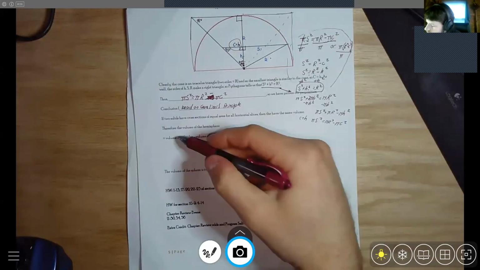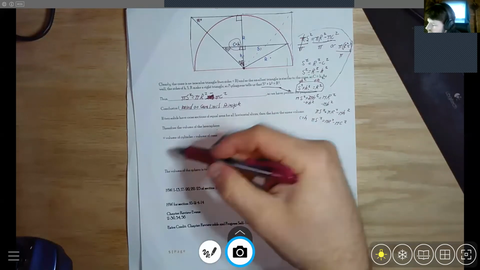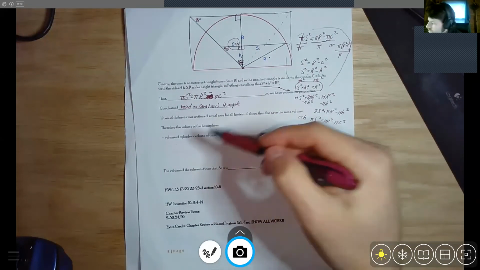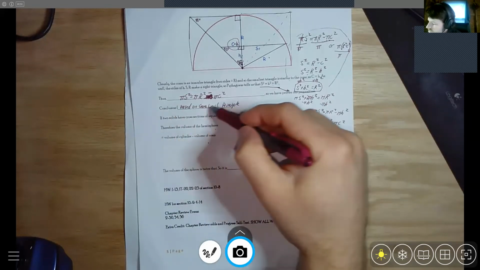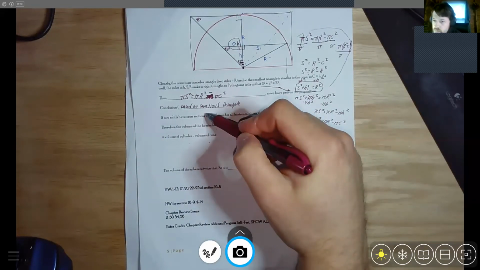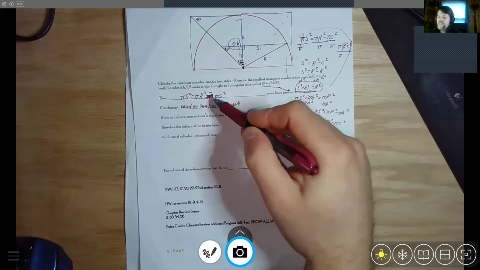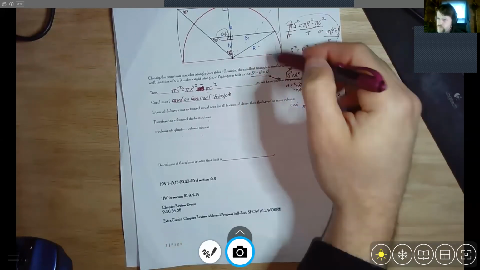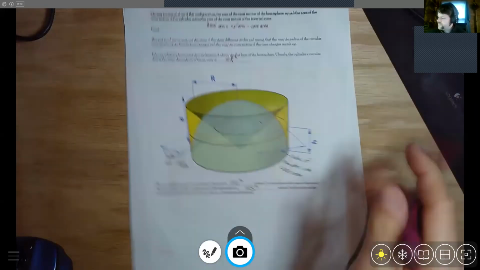So therefore, the volume of the hemisphere is equal to the volume of the cylinder minus the volume of the cone. So this is areas. We're using Cavalieri's principle to say if this is true about the area of these cross sections throughout the whole figure, this whole shape.